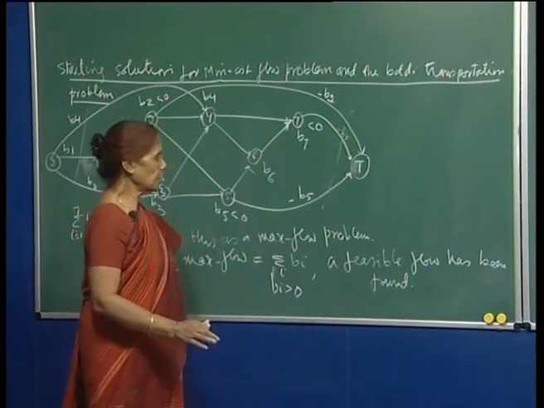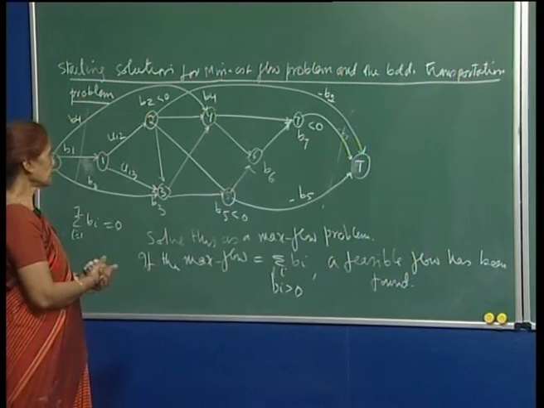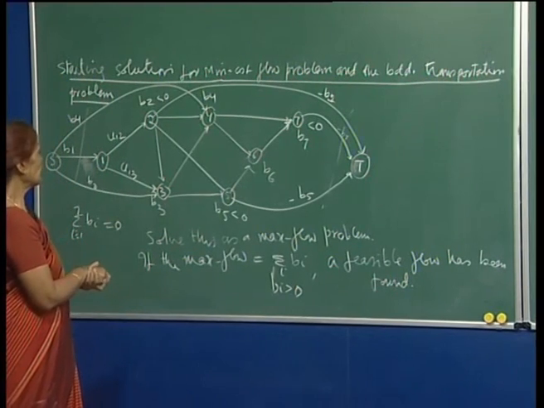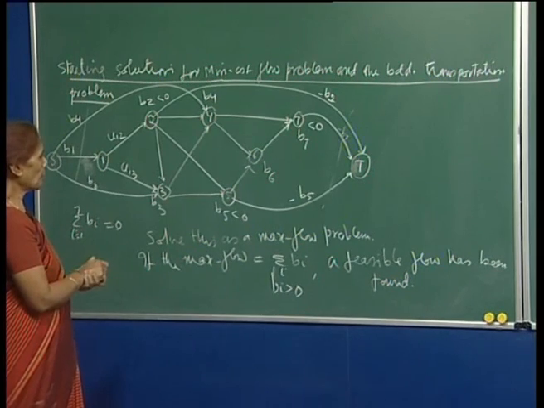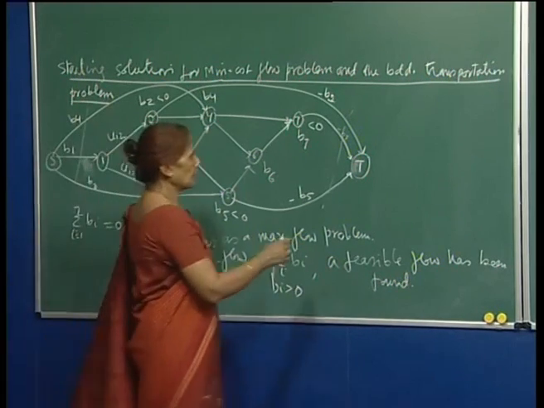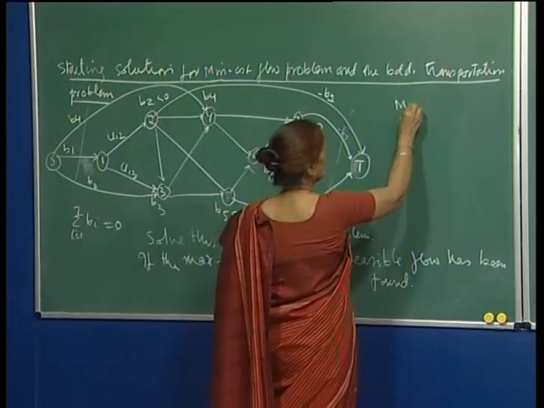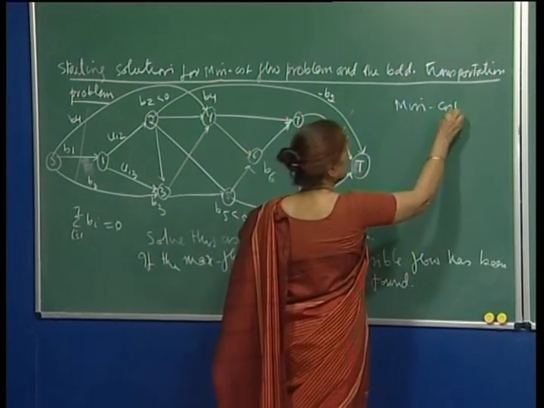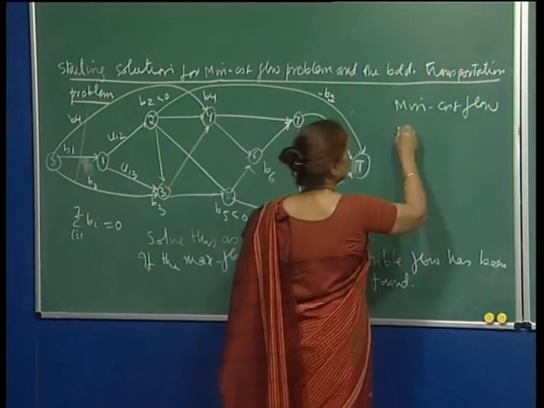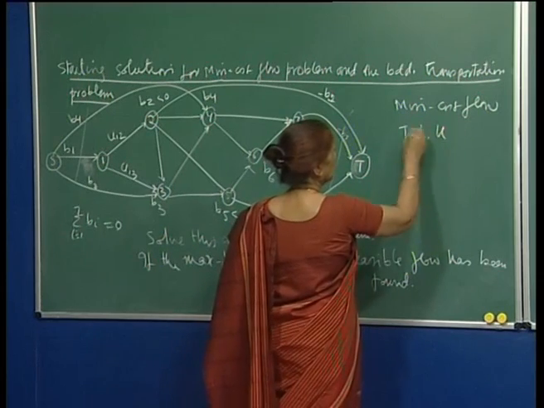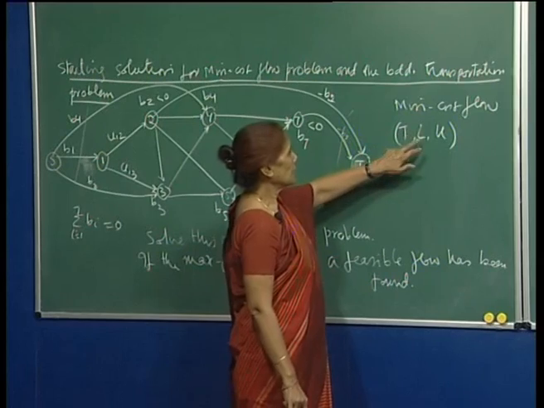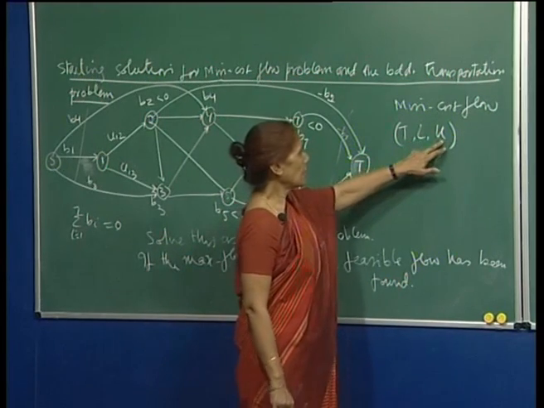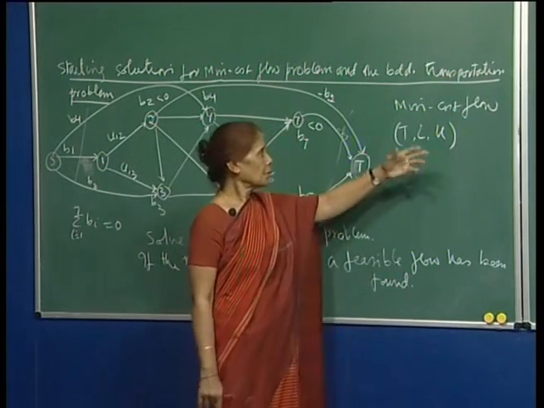So, once you have a feasible flow, that is okay. For the min cost flow problem we were working on, remember, you required a solution in this form, where this was the spanning tree, then arcs at their lower bounds and arcs at their upper bounds.